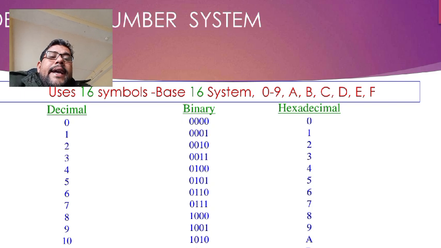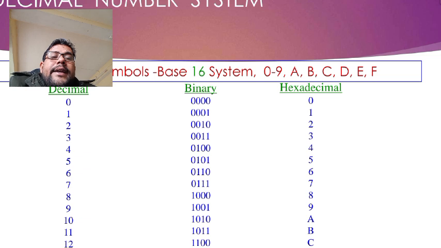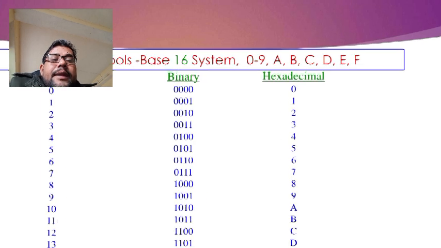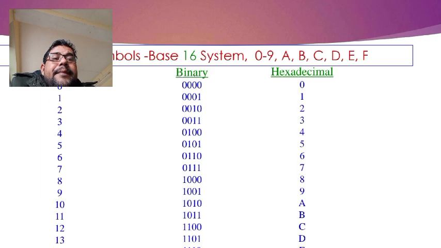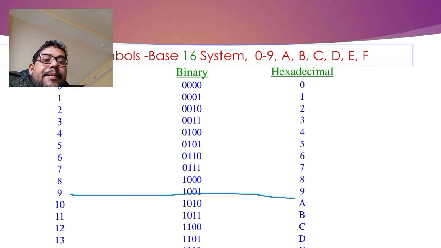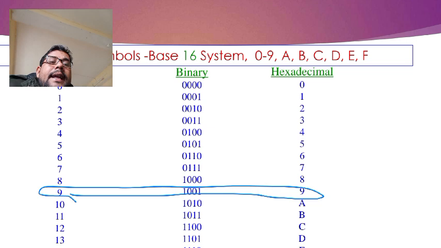For 3, binary is 011, and hexadecimal is 3. So we can see that for decimal numbers up to 9, the decimal and hexadecimal are both the same.